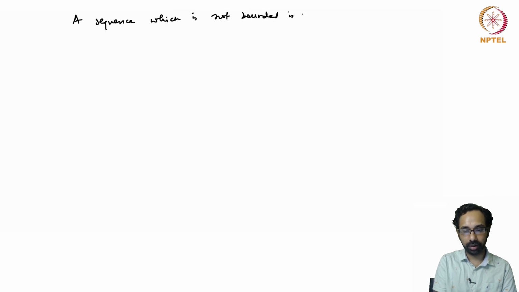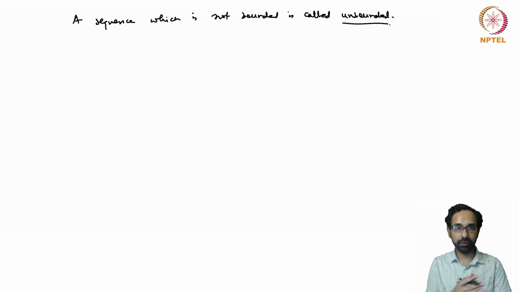So a sequence which is not bounded is called unbounded, which basically means that it either goes off to plus infinity, the x_n's go farther and farther away to plus infinity, or the x_n's go farther and farther below to minus infinity.